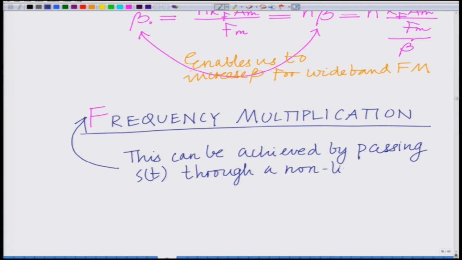This can be achieved by passing the narrowband frequency modulated signal, your s(t), through a non-linear device. That is the key, that is considering a non-linear device.